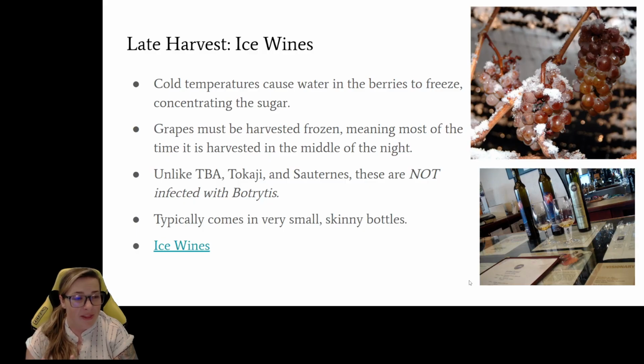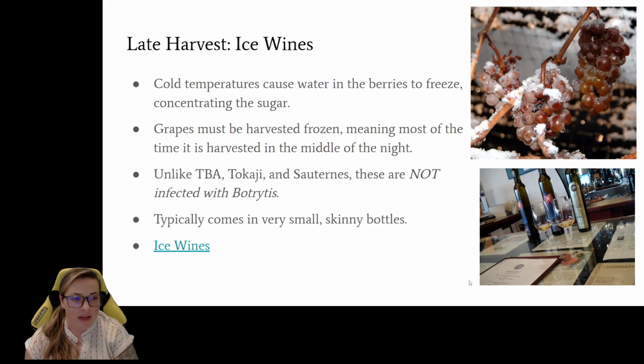Okay, another form of late harvest. That's not just harvesting late, fortifying with brandy, or utilizing botrytis. And this is one that's very near and dear to me, and this is called ice wines. Originated from Germany.